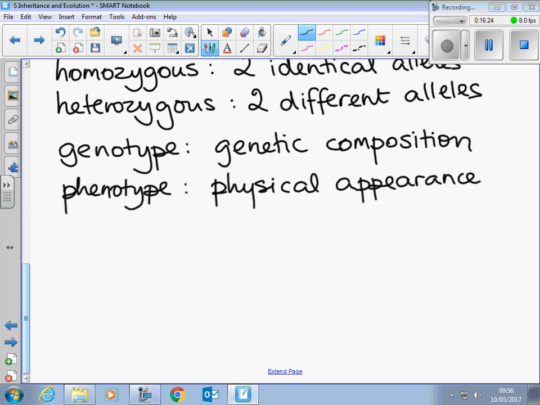A lot of you will be familiar with the idea of using letters to represent genes and alleles. So it's the notation for this. We generally choose a letter to represent the gene, which is the initial letter of the gene, or possibly the initial letter of the dominant form of that gene, the dominant allele.